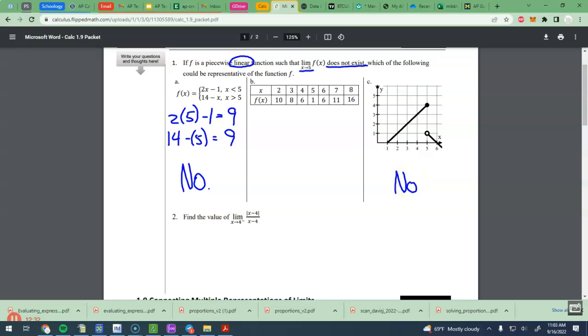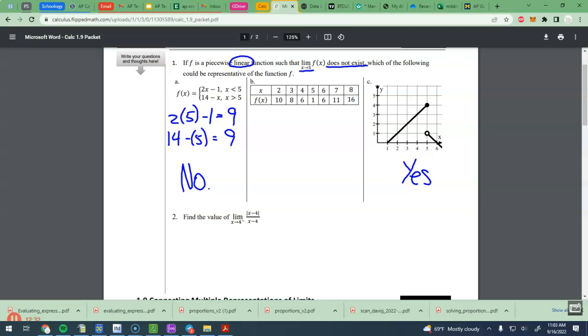This one is a little tricky. I was thinking, does the limit exist? Okay. You have to remember, what are our thoughts on the actual y value when we're looking for the limit?